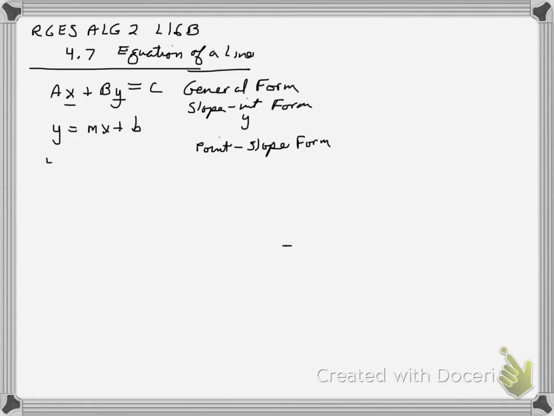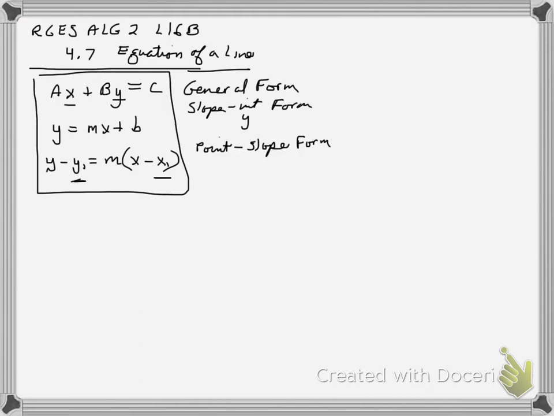It is of the form y minus y1 equals m times x minus x1, where the y1 and the x1 are the plug-in values for my point, and of course the m is the plug-in value for my slope. So these are three very useful equations for the line.